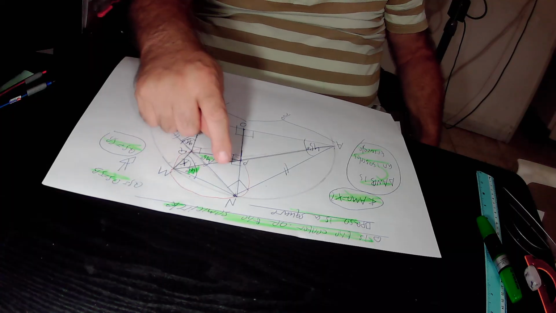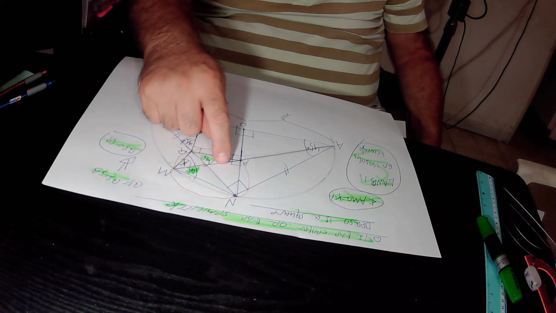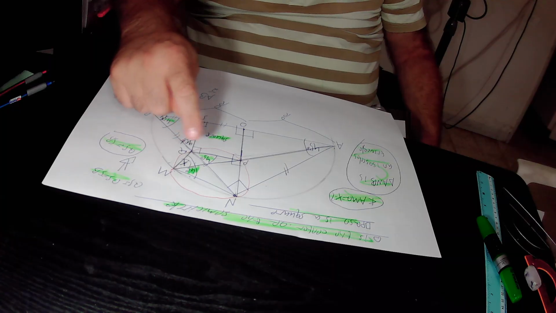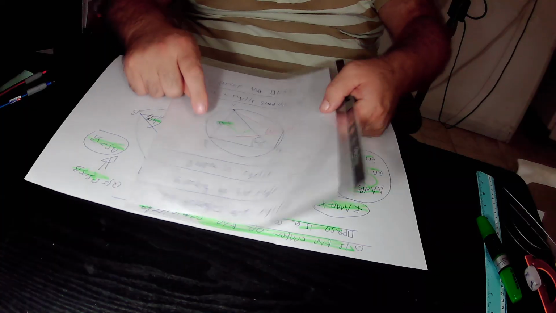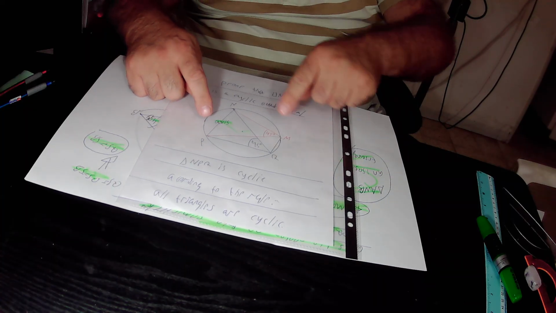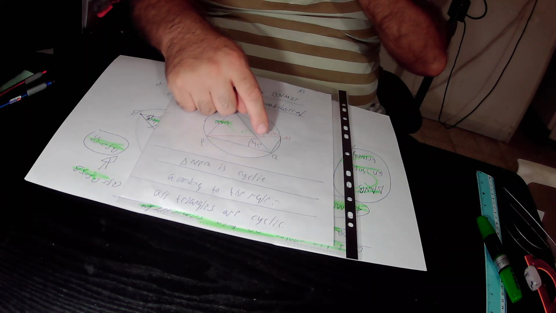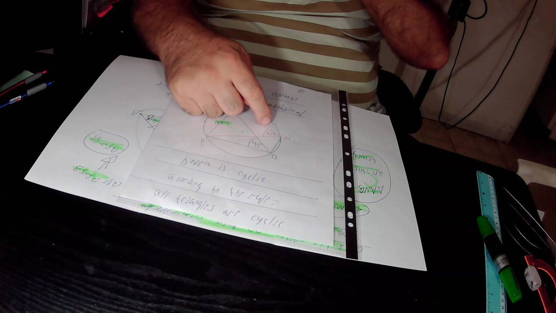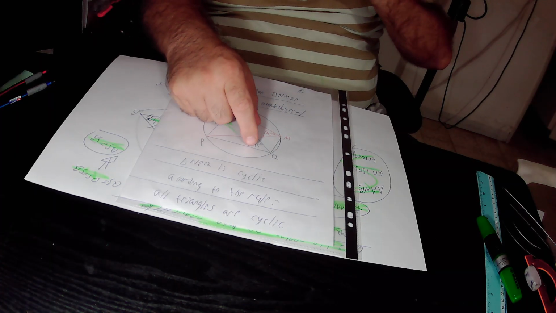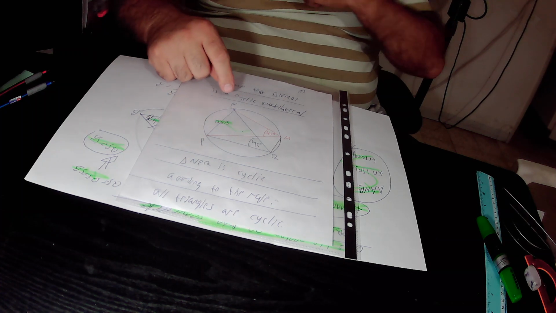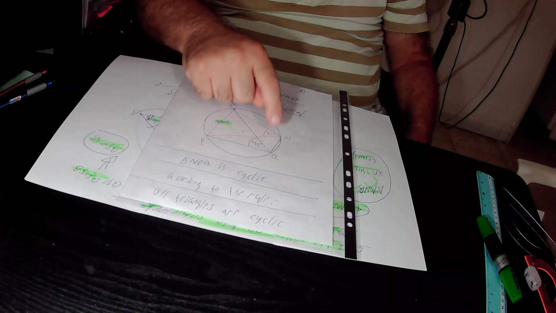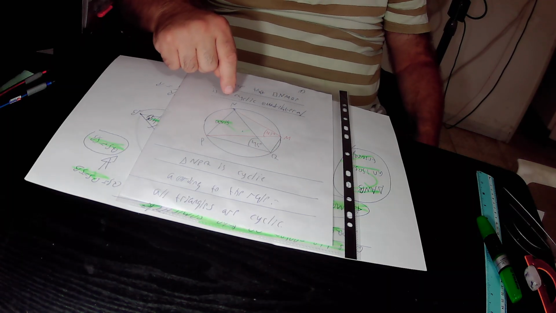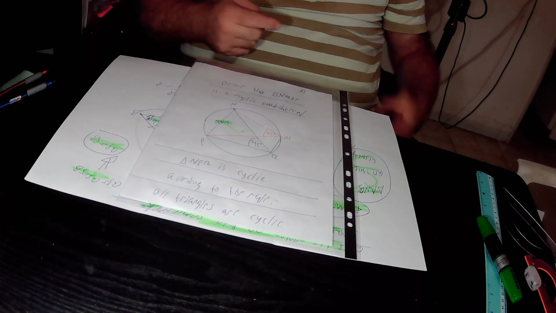Again, we have angle NPQ, which comes from the original domain, and this is angle NMP, which was created by rotating angle NQP around this circle without changing the size. So in this way we created quadrilateral NMQP.